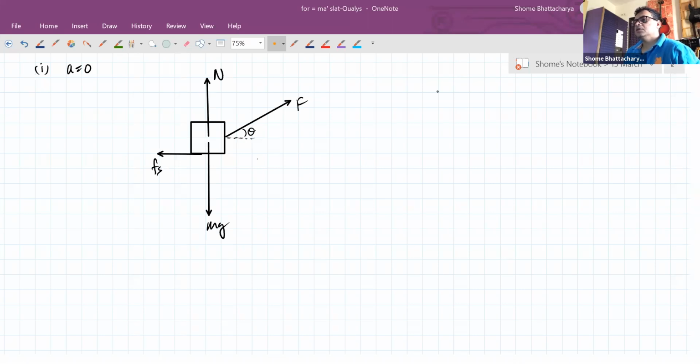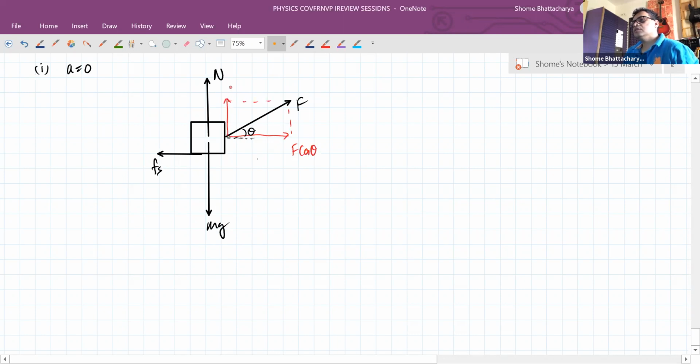Yes, it's correct. Okay, so when you resolve this, you can see that this component is F cos theta, this component is F sin theta, and the acceleration of the block is 0. So net force must be 0. So F cos theta is being balanced by static friction, and the sum of normal reaction plus F sin theta is balancing mg.